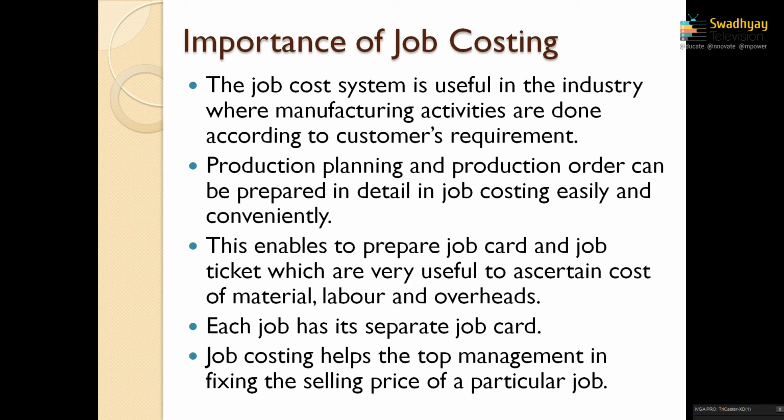So, in that sense, the production planning and production order have to be prepared in such a way that job costing can be easily calculated and you can conveniently design your whole job cost structure.